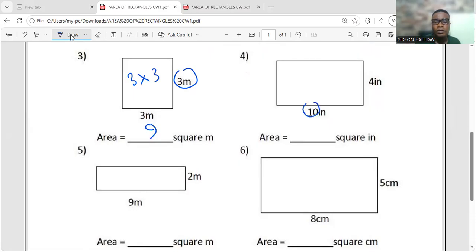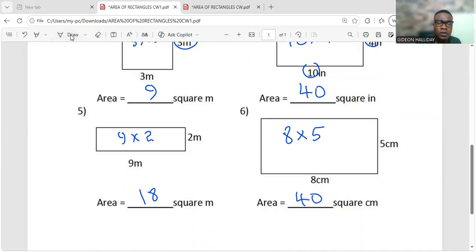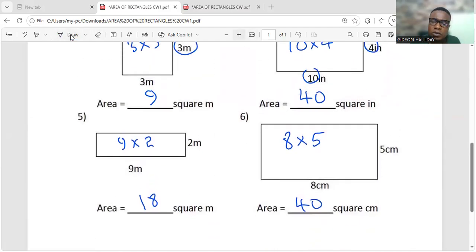And here, 10 times 4, and that's 40. For number 5, 9 times 2, of course, it's 18. And for this one, 8 times 5, easy peasy, and that's 40. Do we have another one? Okay, that's all. The area of a rectangle is just multiplying the length by the width.